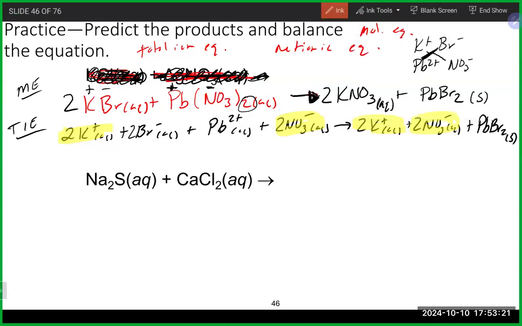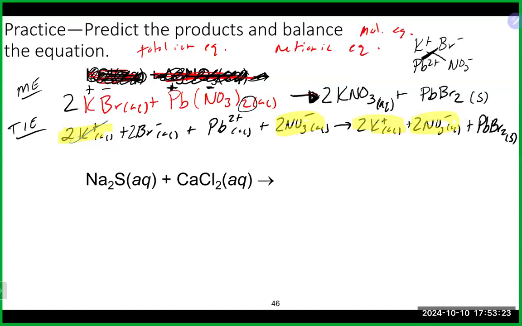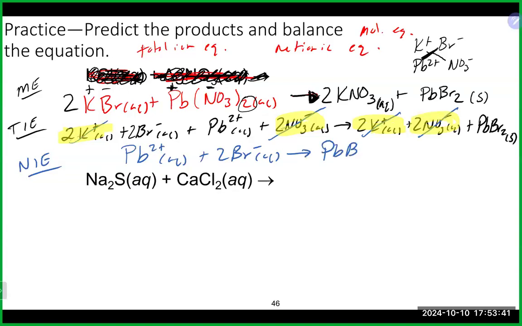Remember, we pretty much just cross those out as they're just watching, not really making any type of product. So really in the net ionic equation, it is the lead with a +2 charge coming together with the bromide with a -1 charge to make this PbBr2 solid. Any questions on any of that there?